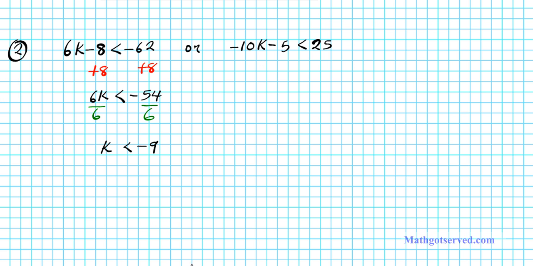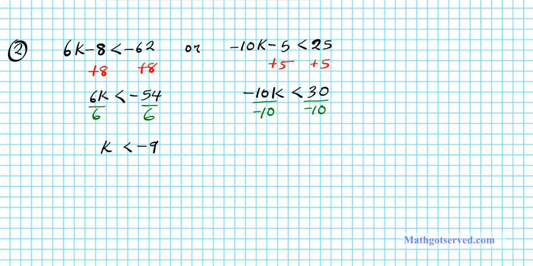On the right side, we'll add 5 and divide by -10 to get k isolated. So we add 5 to both sides. That yields -10k is less than 30. To get k isolated, we'll divide both sides by -10.